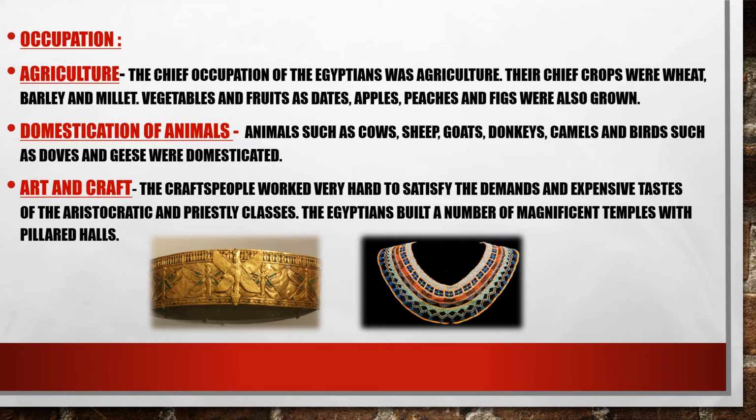Not only this, the Egyptians built a number of magnificent temples with pillared halls. The walls and the pillars were decorated with beautiful paintings of humans, animals and birds. So, isn't it very interesting to know the Egyptian civilization more and more? So, let's move to the next topic.